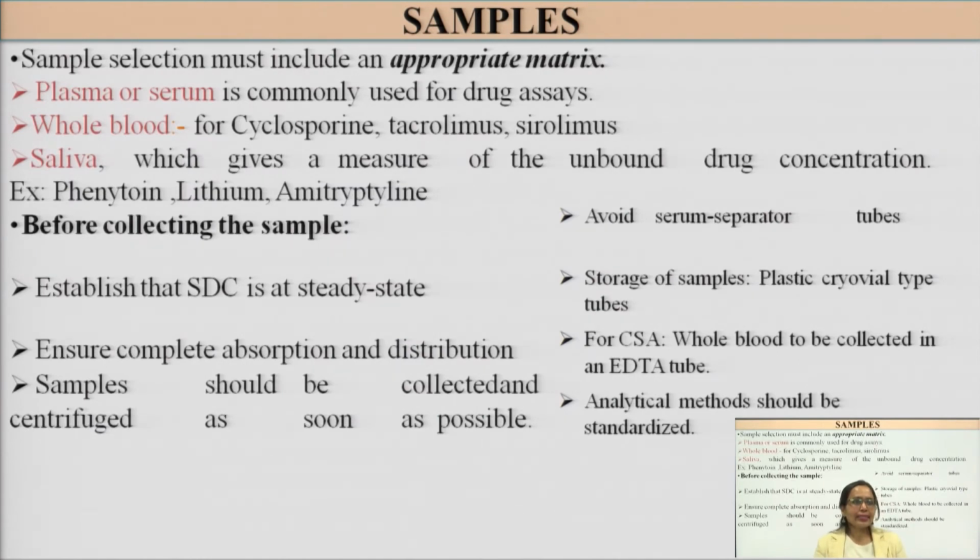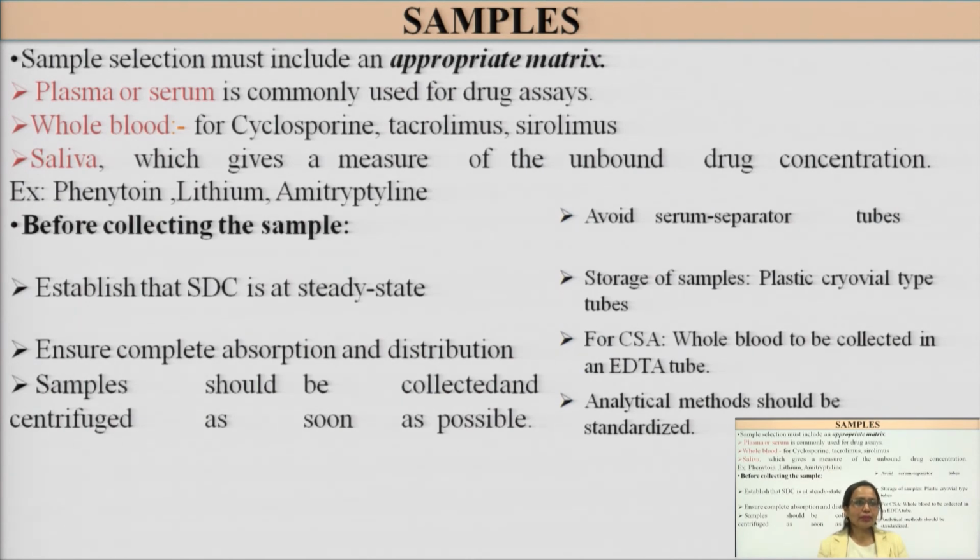Next is about the samples on which we can go for therapeutic drug monitoring. The sample selection must include an appropriate matrix. Plasma or serum is commonly used in drug assays.